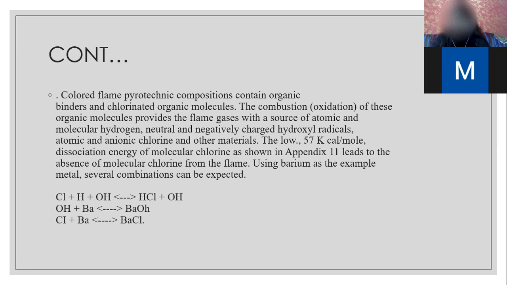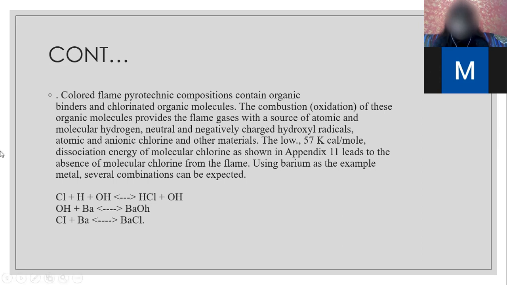The low 57 calories per mole dissociation energy of molecular chlorine leads to the absence of molecular chlorine from the flame. Using barium as the example metal, several compositions can be expected.